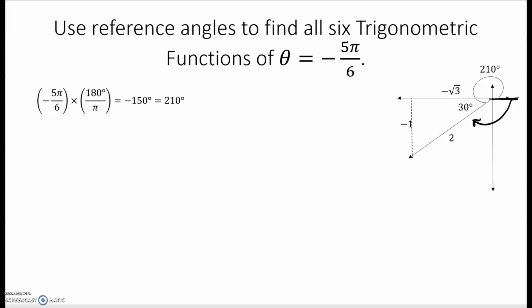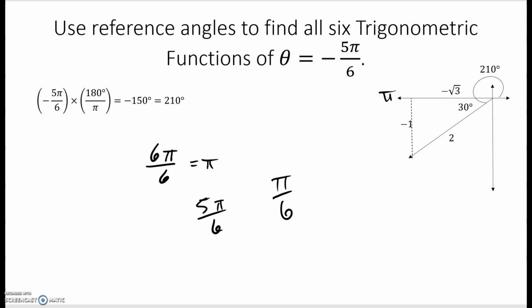Now notice, if this was 6 pi over 6, well, that would just be pi, which would go all the way to right here because this is pi. Now, it doesn't completely go to 6 pi over 6. It goes to 5 pi over 6. So it's a sixth of a pi short of being a full pi.